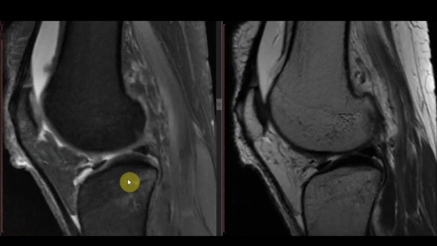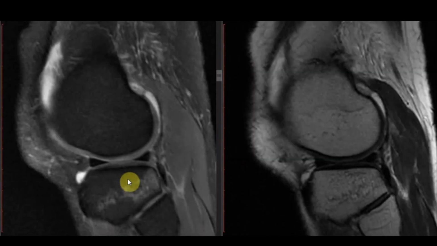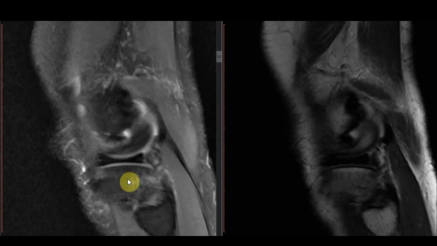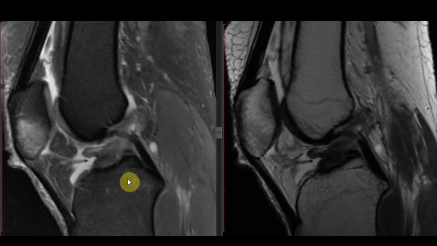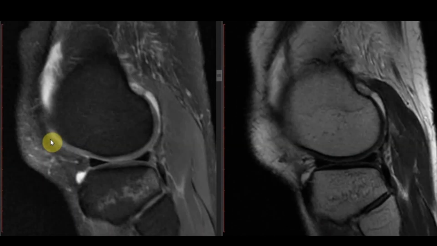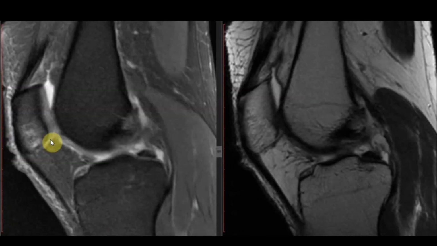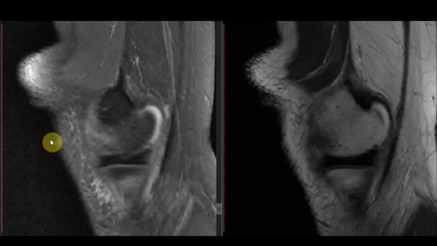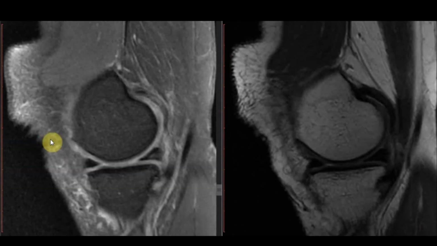There is marrow edema in the posterolateral tibial plateau, which is characteristic of the pivot shift injury. And there is edema in the inferior half of patella. There is joint effusion. The lateral meniscus is normal. Medial meniscus is showing subtle areas of intra-substance hyperintensity.